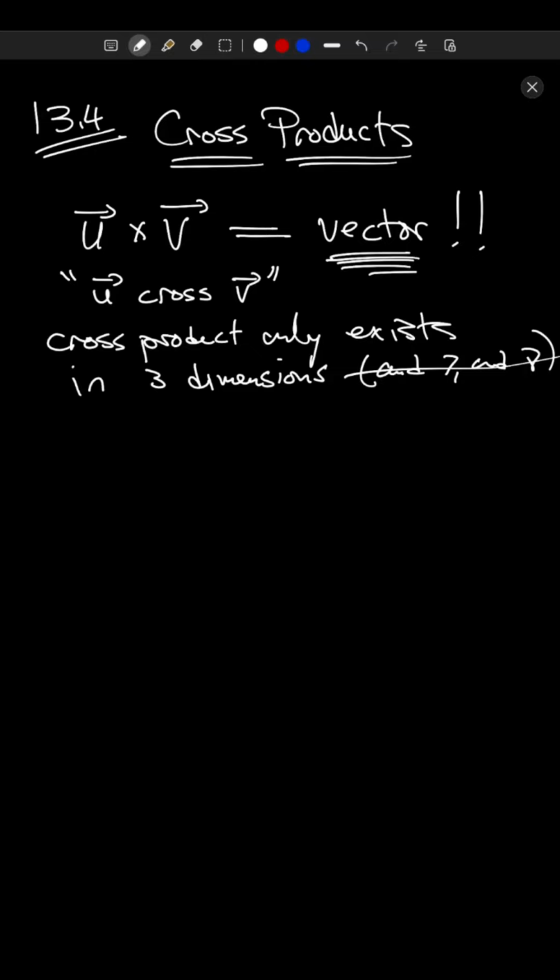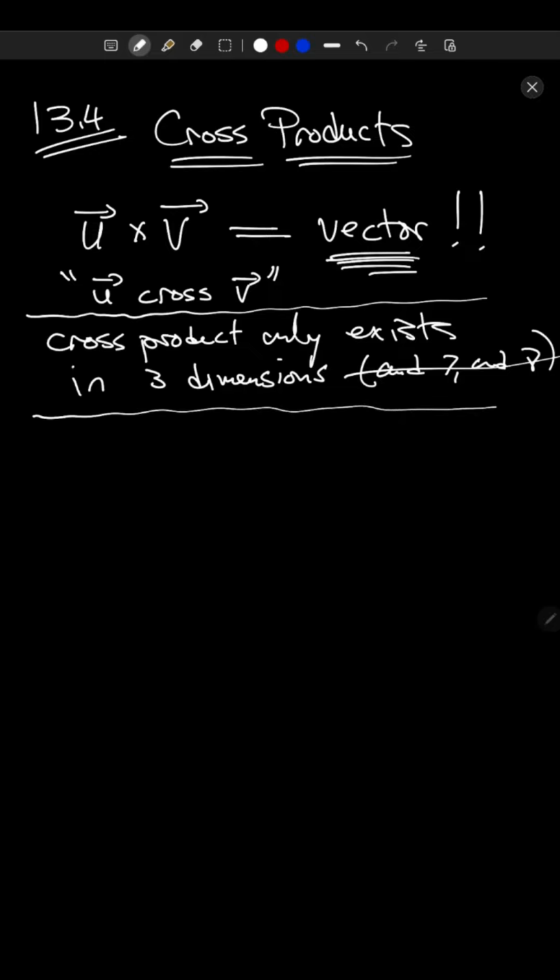Okay, so we can already see that there's some issues with the cross product. Nevertheless, we do talk about it because it's able to represent a lot of real life features that we see, for example, in physics. So it actually turns out to be quite useful.